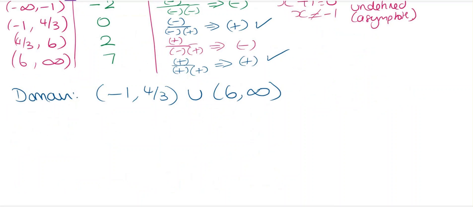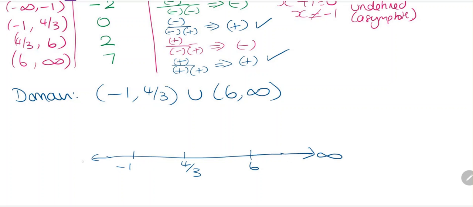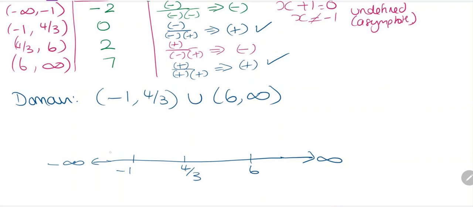So I'll just redraw this number line by here. So I had -1, I've got 4/3, 6, and so this goes to positive and this goes to negative. So our sign chart tells us that in this area we have a negative, in this area we have a positive, a negative and a positive.